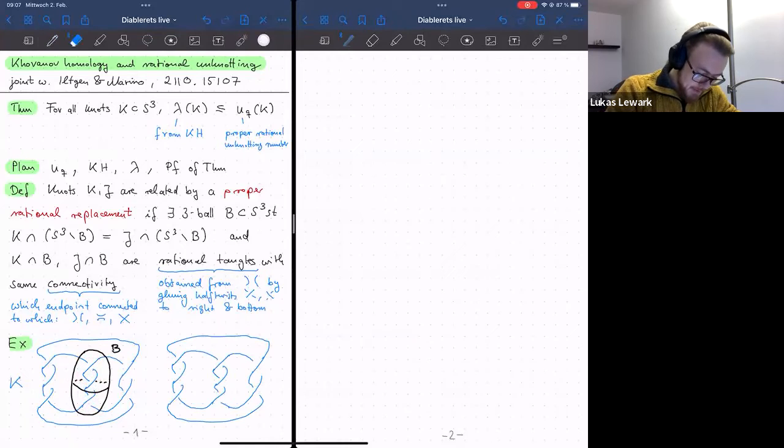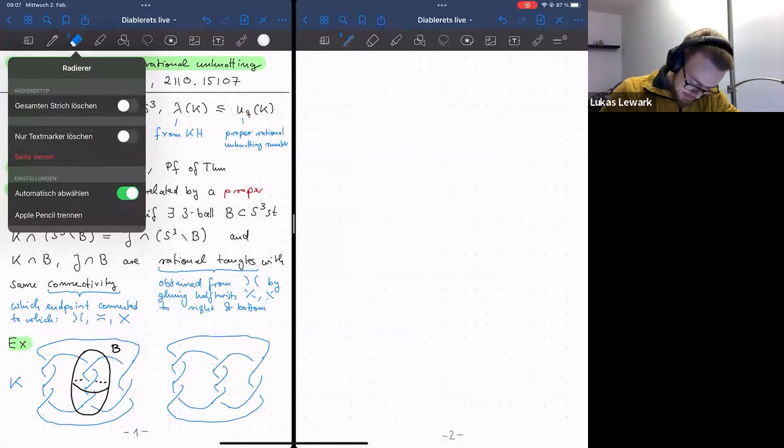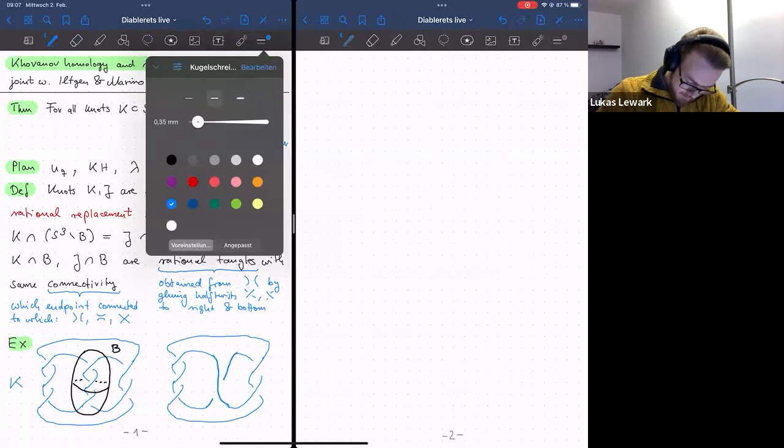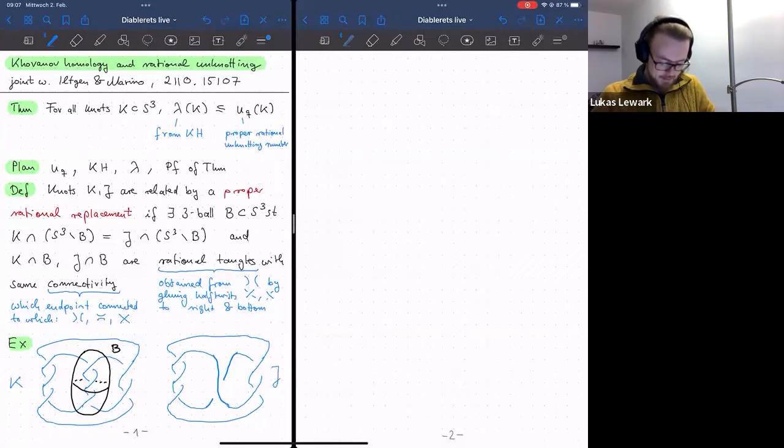And then I replace this by a different rational tangle, let's say, for example, this one. So these knots K and J are related by a proper rational replacement.